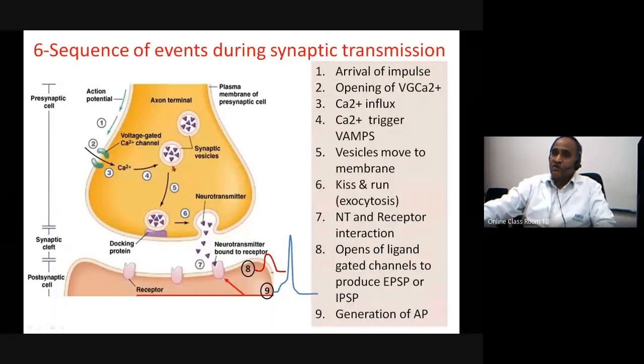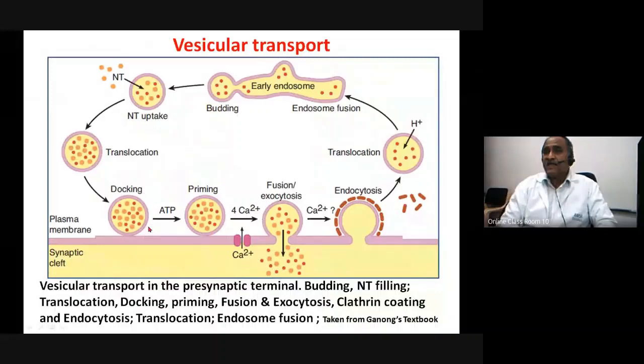So how does this move from one part of the presynaptic terminal to the real active zone of the presynaptic terminal? I start from here. This is the position of the vesicle right now.